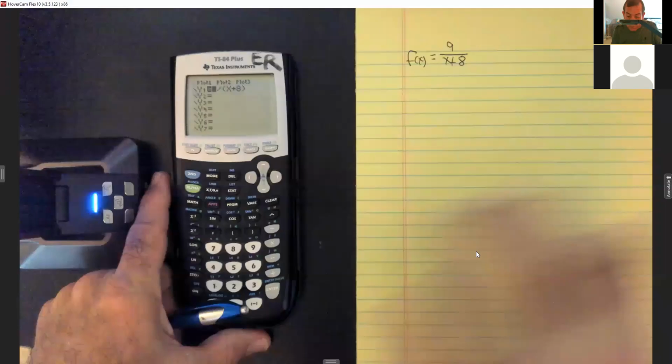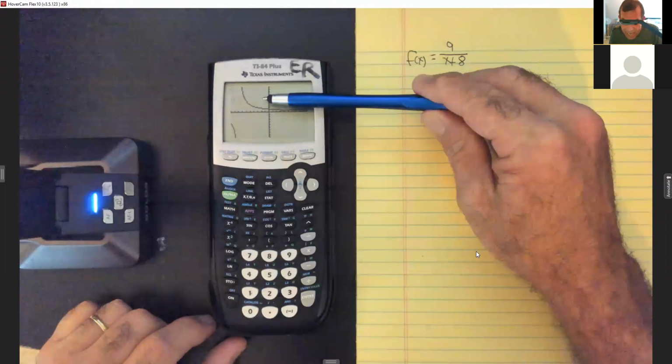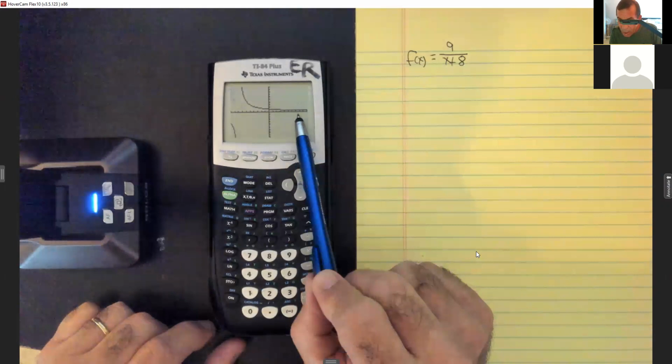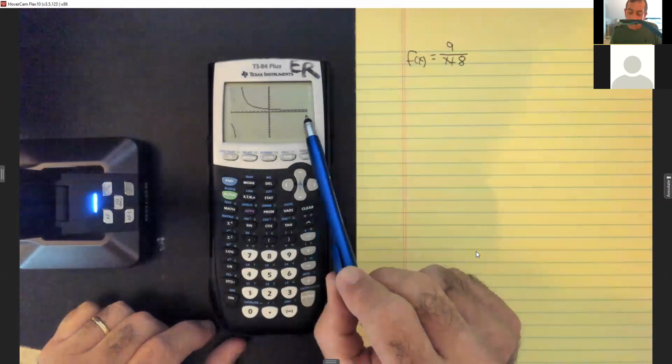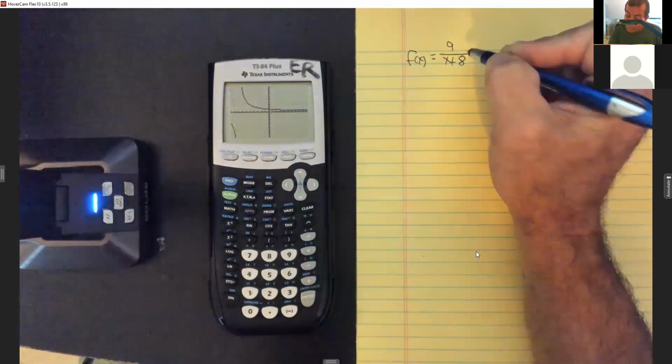All right, so I put in my function 9 divided by x plus 8, and I want to see the graph, so I'm going to go to graph. And if you notice, the horizontal line does not intersect it more than once anywhere. This side looks like it's getting flat, but it's just decreasing slowly through there, okay? So it is definitely 1-to-1, which means we're going to find an inverse.